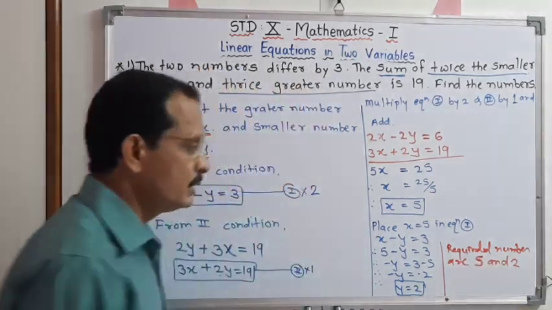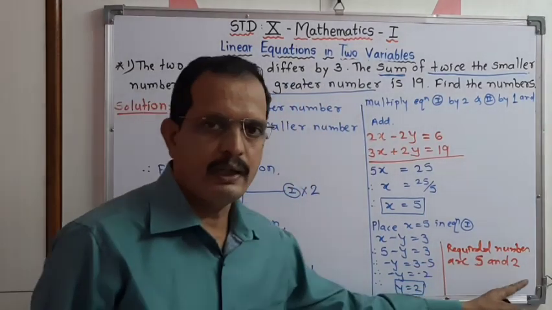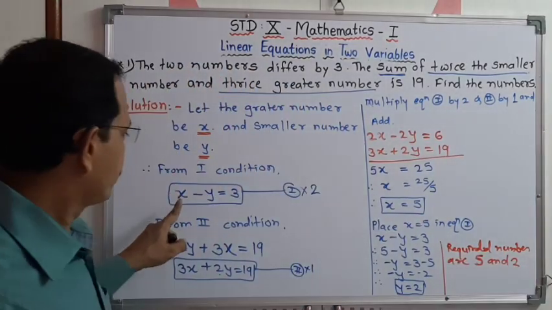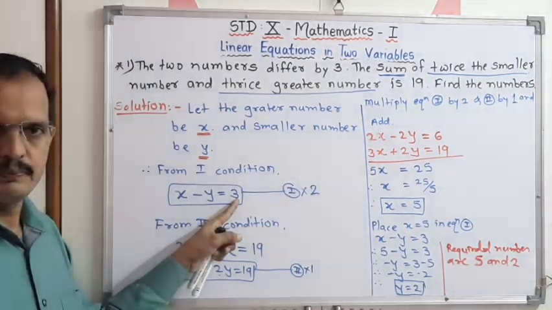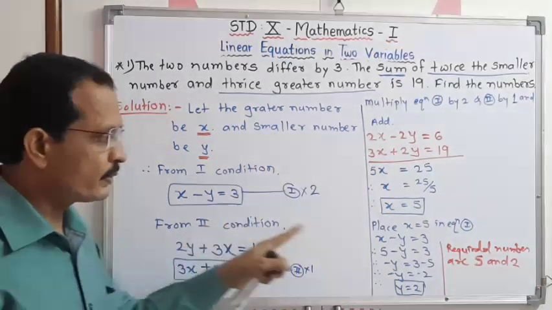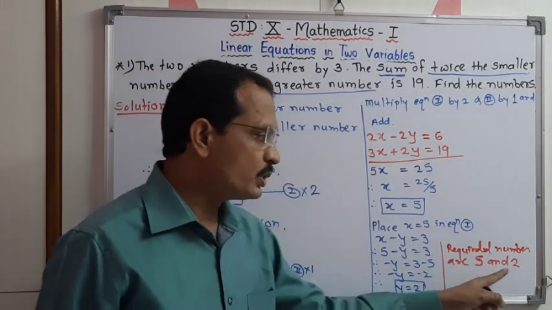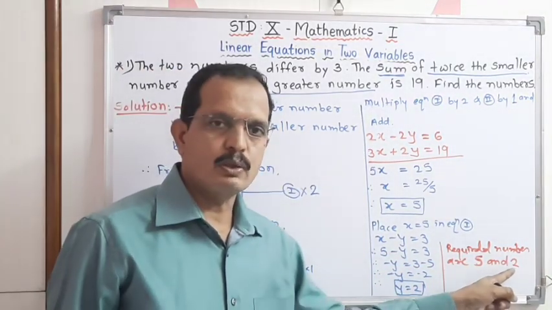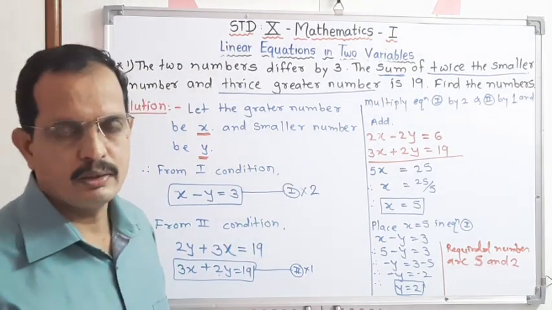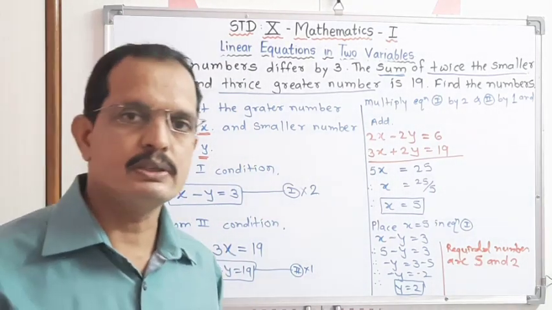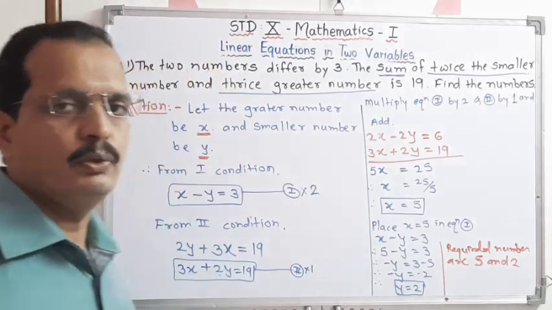See, dear student, required numbers are 5 and 2. See here, 5 minus 2, we get here 3. It means we can verify our answer. These two numbers, if we do the subtraction of these two numbers, we get the answer as 3. I think every student understood this. Write down in your notebook.